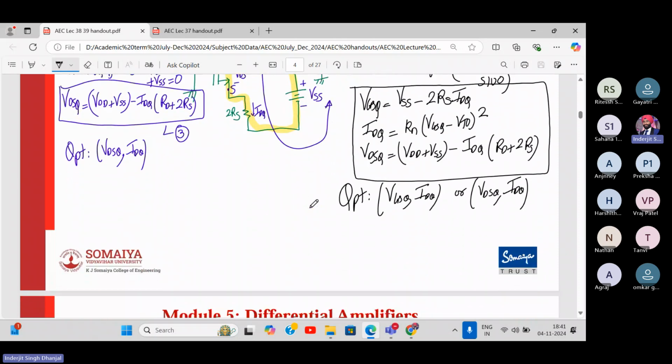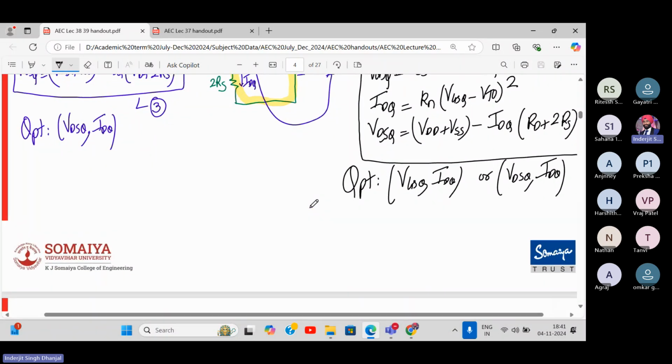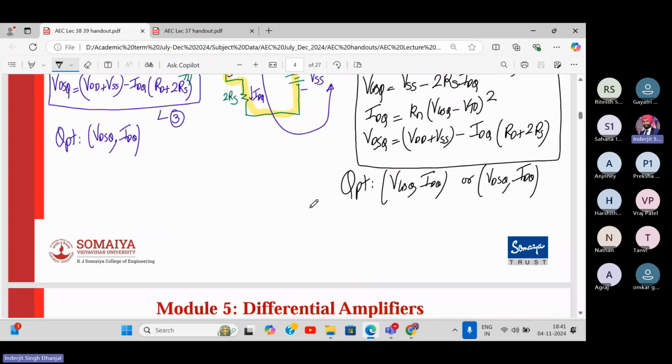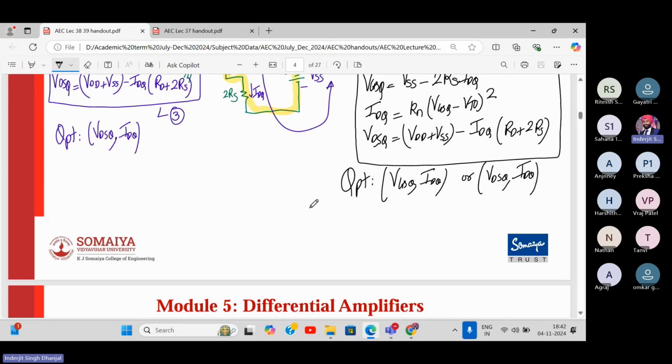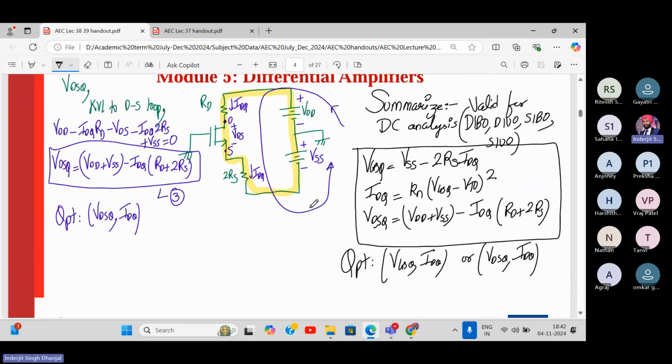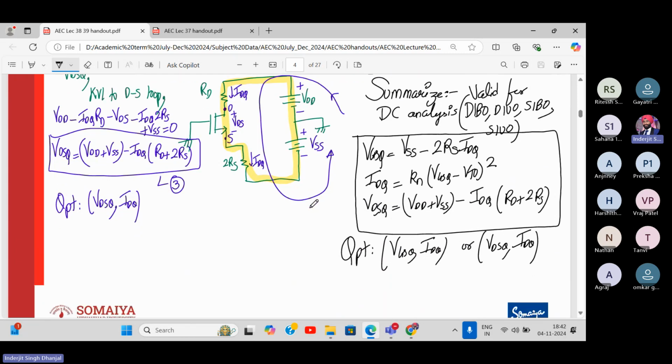Now I'll do something else. I'll give you the results for the AC analysis. We'll solve the numerical and then we'll come to the derivations. All right. So let us do that in the next 20 minutes. I hope you have completed it and you will summarize it and you will do it with proper care in exam if a numerical comes.